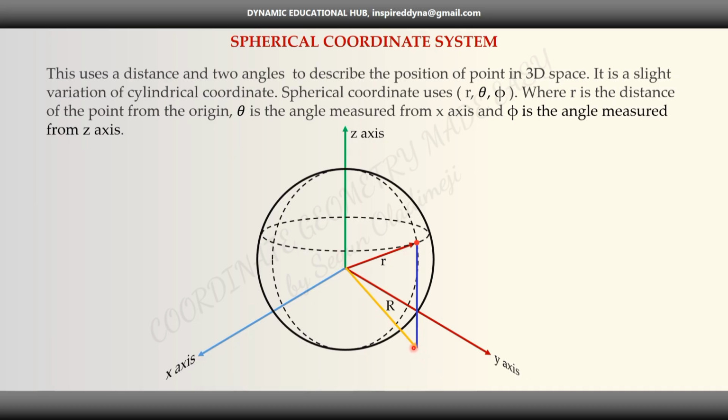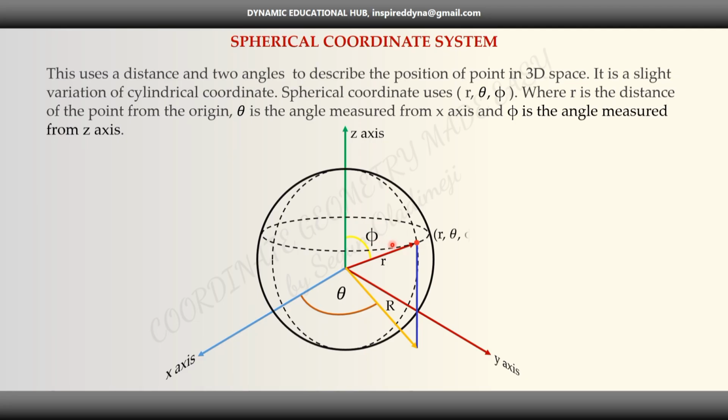We are not using it, but let me show you what we are using. You measure an angle from the x-axis, moving anti-clockwise until you get here. So this is theta, the second measurement. The last measurement is the angle between the z-axis and your radius, which is the phi. This is the phi.